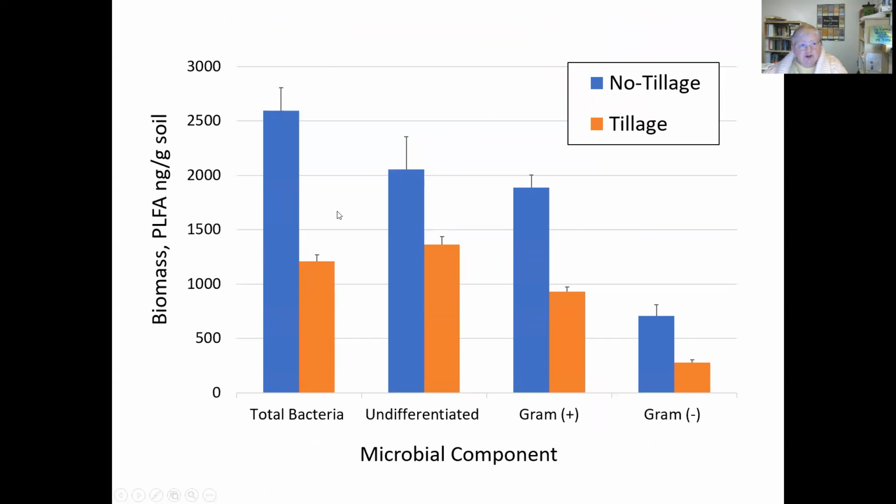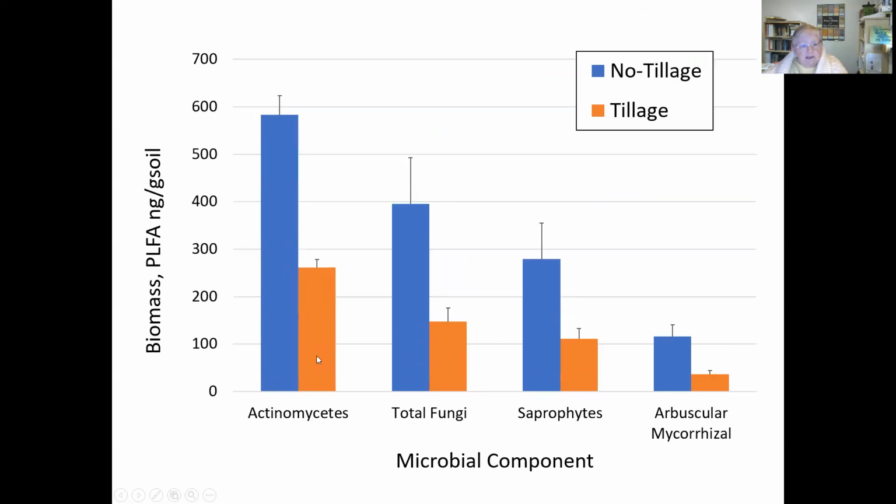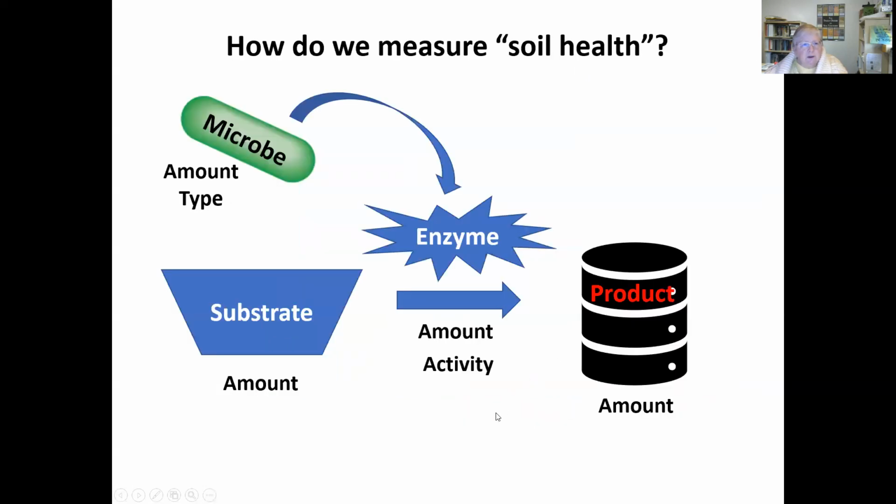We've also measured some differences in biomass for the different types between no-till and tilled. And again, total bacteria, undifferentiated, gram-positive, gram-negative, actinomycetes, total fungi, saprophytes, and arbuscular mycorrhizae all change with tillage practice. So that gives us an estimate of how we can measure the microbes and amount and type.